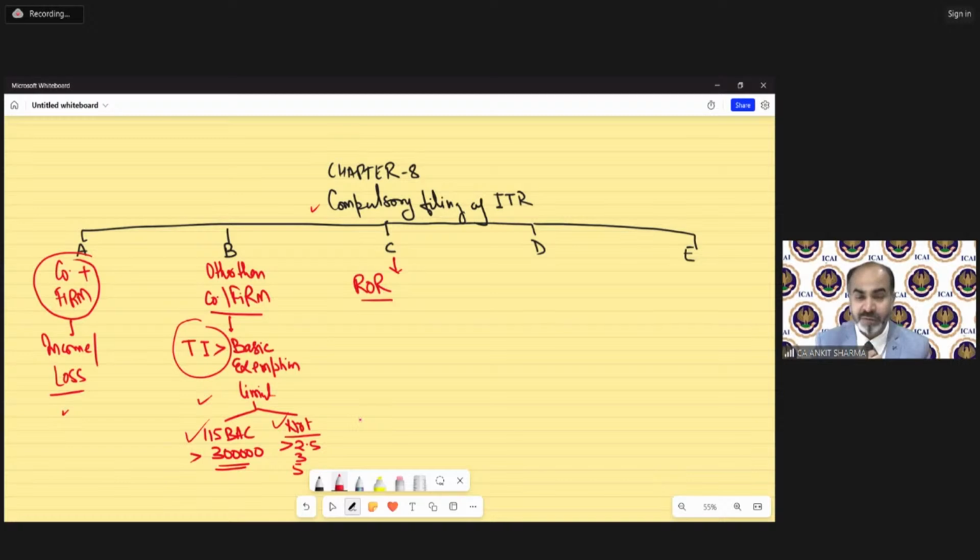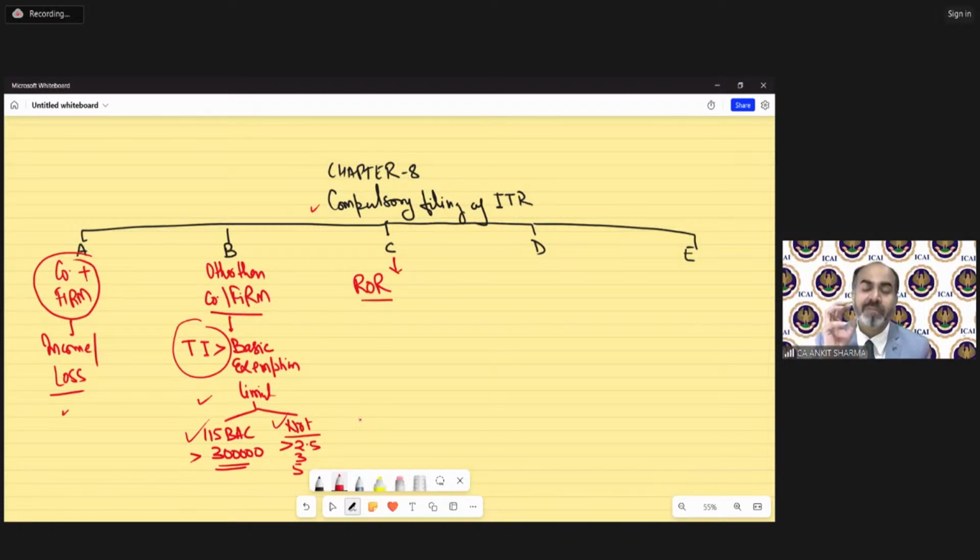So it's a request from my side that before that chapter, kindly revise the salary provision and the basic taxability provision, that is slab rate tax, which must be in chapter number 1. What is the surcharge rate? The slab rate: 2,50,000 exempted, then 5% slab, then 10%, then 20%.